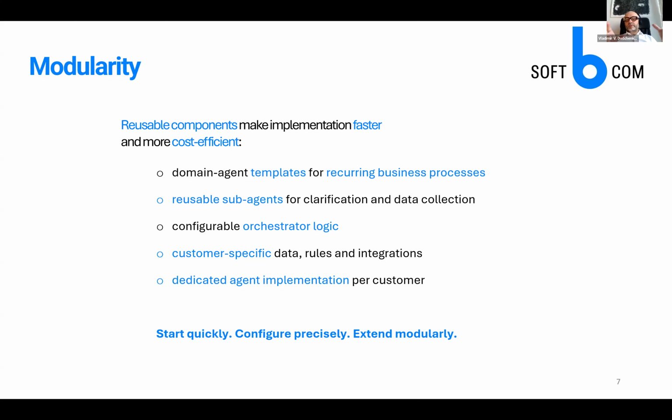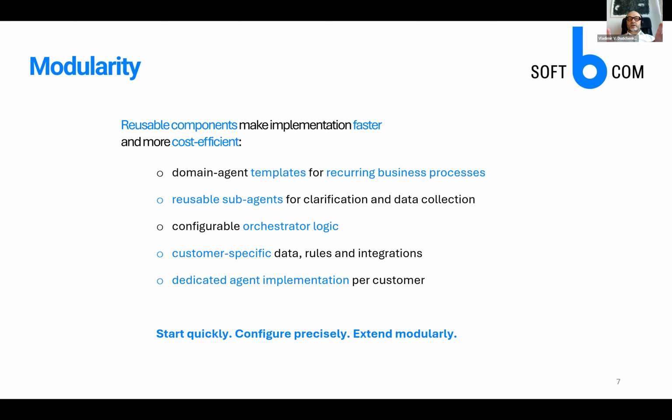So we already have templates for different domain agents, which are business processes, and this template library continues to grow. Each agent is built upon a template, but it's not just a generic template. It combines the template with the customer's specific data sources, integrations, and configuration.